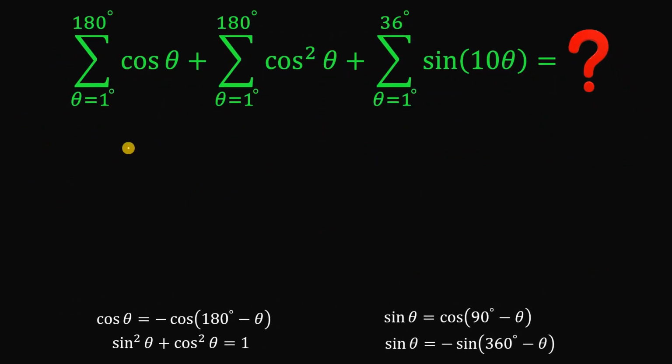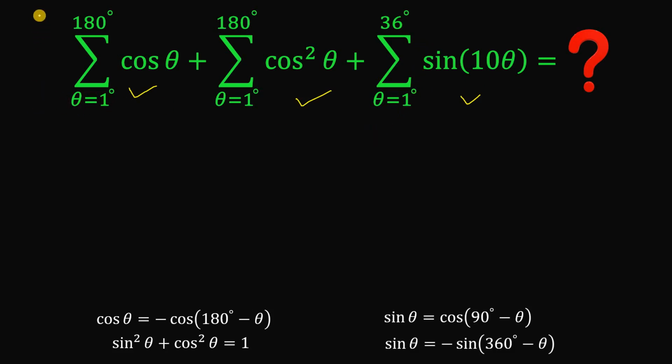Alright. Now, our goal is to get the summation of cosine theta from 1 degree up to 180 degrees, plus the sum of cosine squared theta from 1 degree up to 180 degrees, plus the sum of sine of 10 times theta from 1 degree up to 36 degrees.